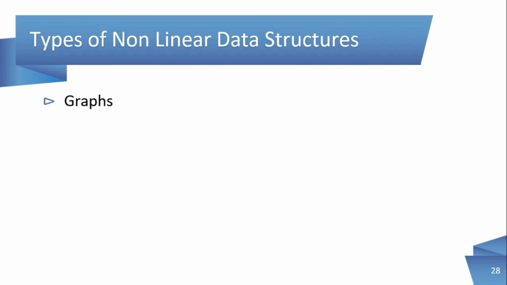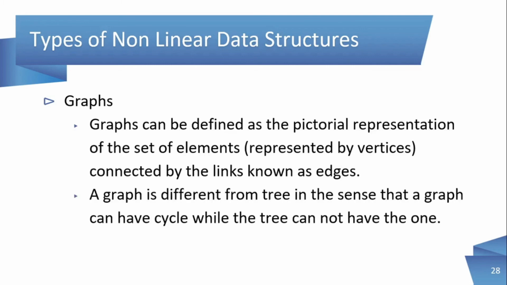Types of nonlinear data structures. So we have graphs. Graphs can be defined as the pictorial representation of the set of elements, which is represented by vertices, which are connected by links known as edges. A graph is different from a tree in the sense that a graph can have a cycle while the tree cannot.